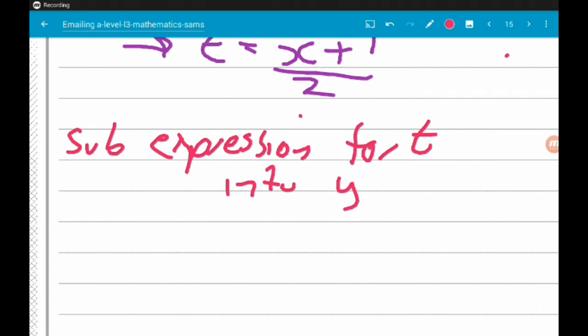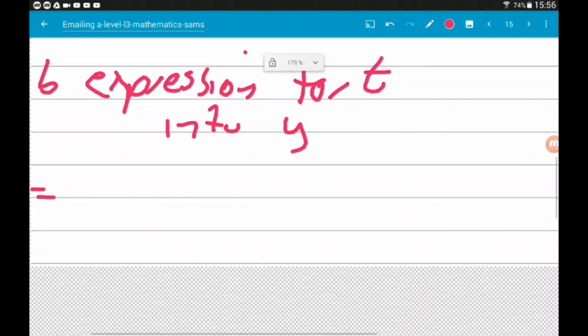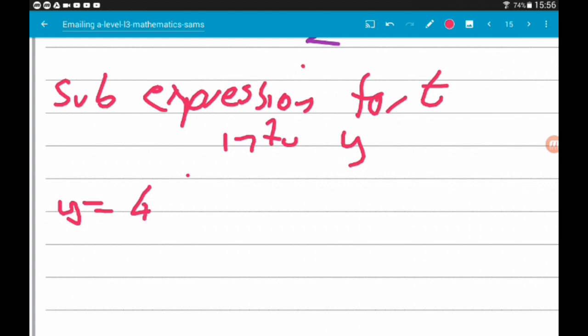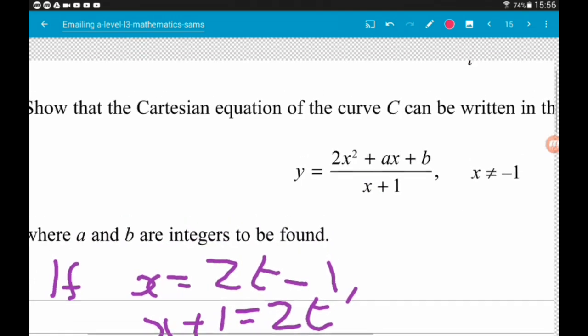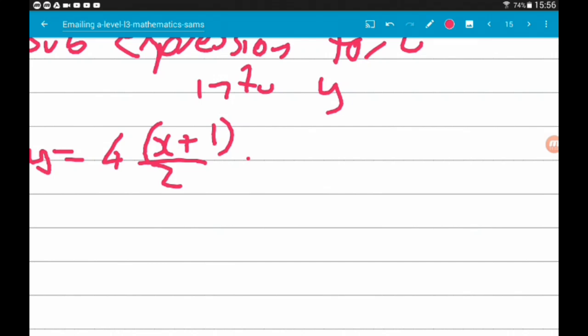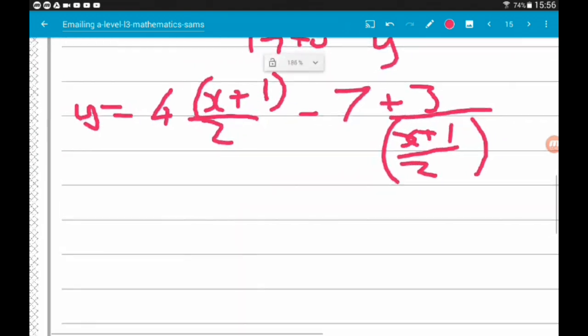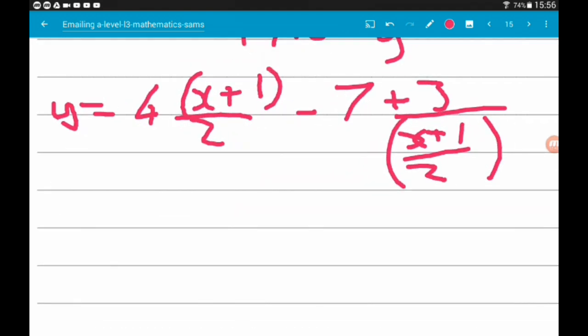Okay, so we can say y is equal to 4 lots of (x plus 1) over 2, minus 7, add 3 over (x plus 1) over 2. 4 lots of (x plus 1) over 2 would cancel down to 2 lots of (x plus 1).